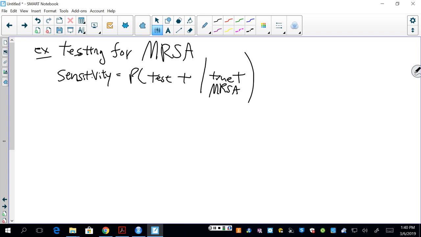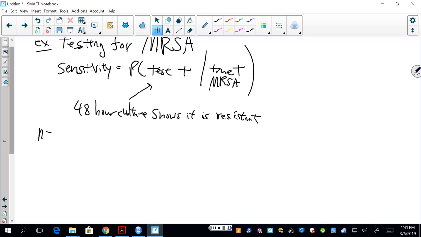And testing positive on the 48-hour culture test shows that it is resistant in a particular sample. So imagine you had 50 samples.